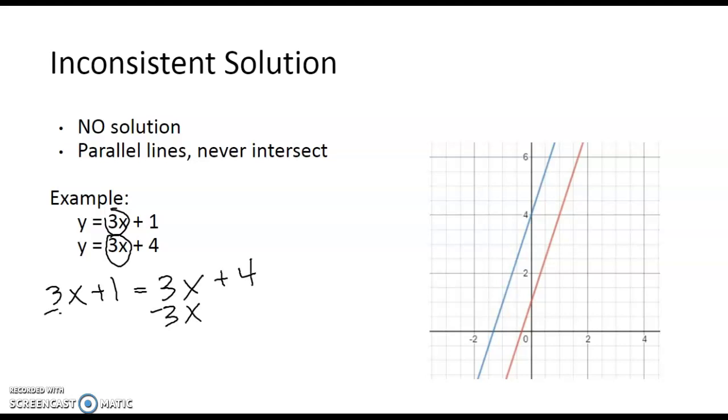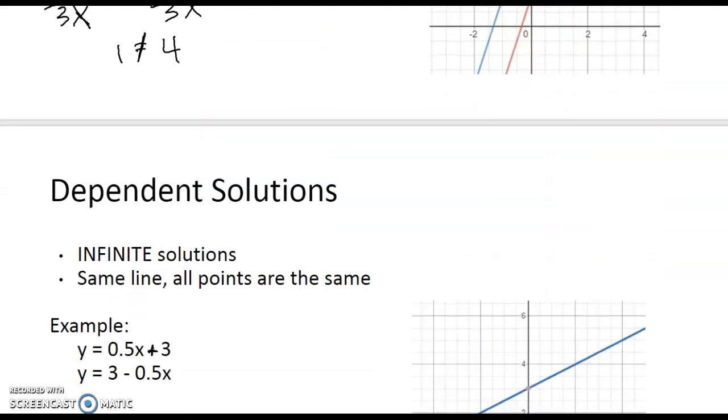I could subtract 3x from both sides, and I'm left with 1 equals 4. 1 never ever equals 4, which tells me that this system of equations has no solution. So again, if we have two parallel lines, then that would be no solution, or inconsistent solution.